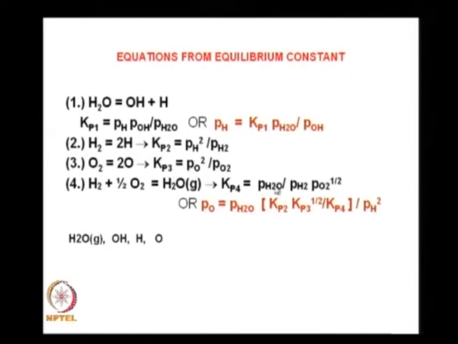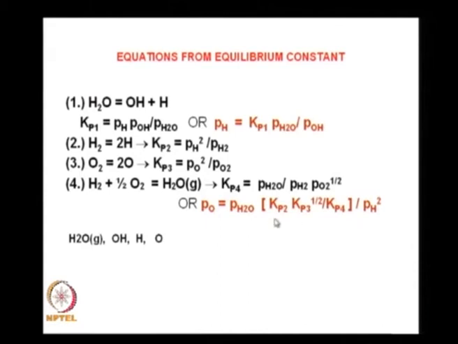I substitute it in this particular equation and I get PO is equal to pH2O into Kp2, Kp3 to the power half divided by Kp4 into pH squared. How did this come? Let's take a look. I have pH2 is equal to Kp2 by pH squared. Similarly, in this case PO2 to the power half is equal to Kp3 to the power half divided by PO.